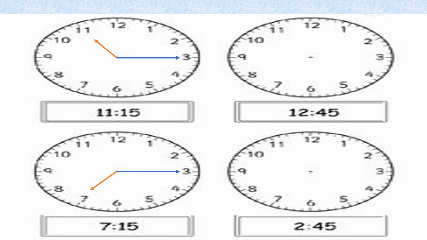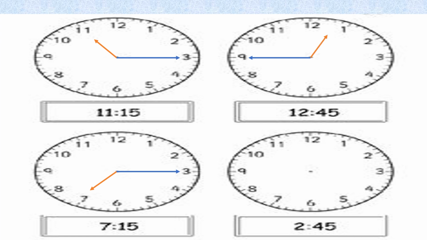But when we have to show the time 12:45, as only 15 minutes are left to 1, so the minutes hand will point at number 9, but the hour hand will be beyond number 12.